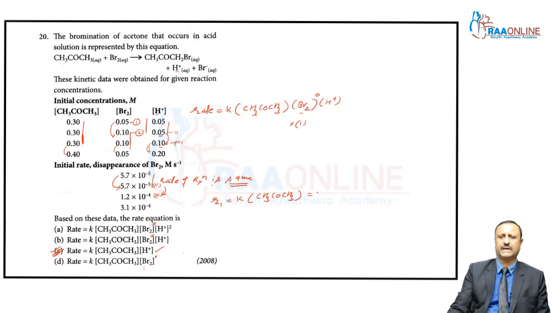Then you can put this type of formula: acetone of 0.30 concentration, and here X, and R2 increases. R1 is 1.2 into 10 to the power minus 4, and here R2 is 3.1 into 10 to the power minus 4. When you divide it in this way, K is cancelled, and write the concentrations 0.30 and 0.40.